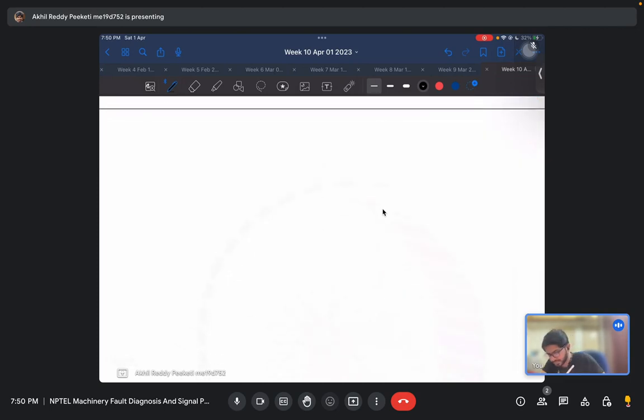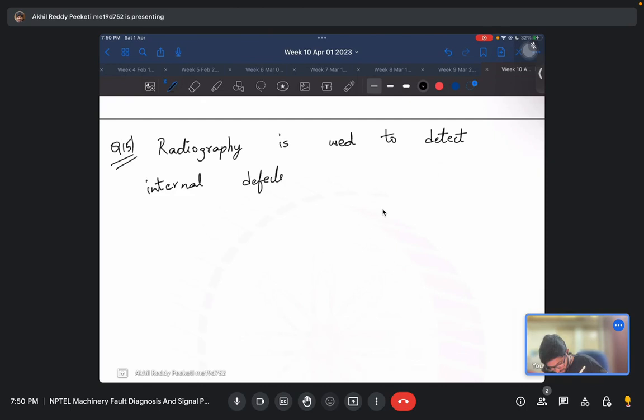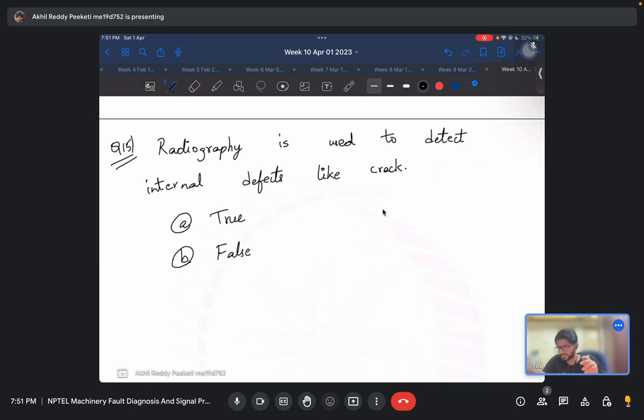Now let's move to the next question. Radiography is used to detect internal defects like cracks.